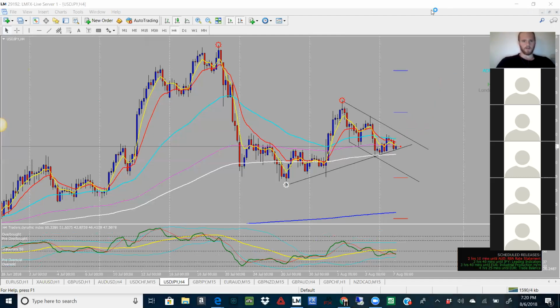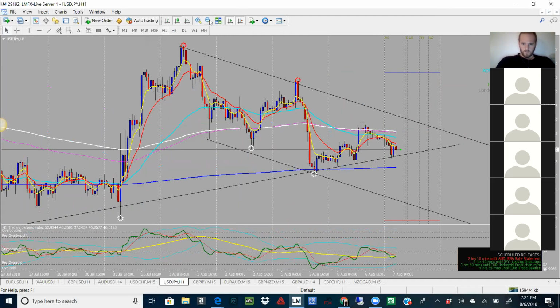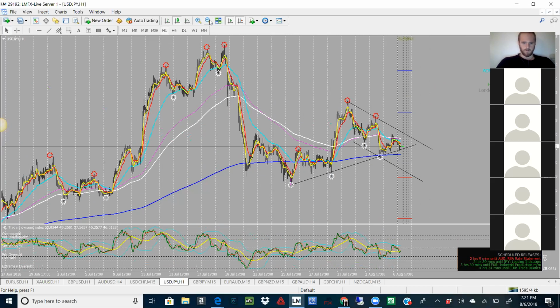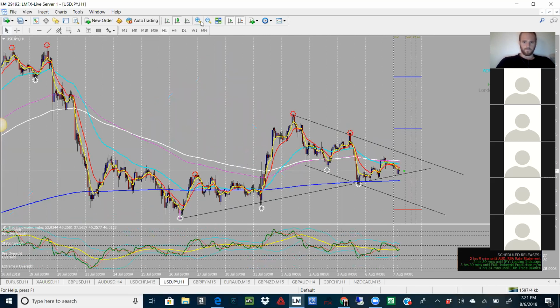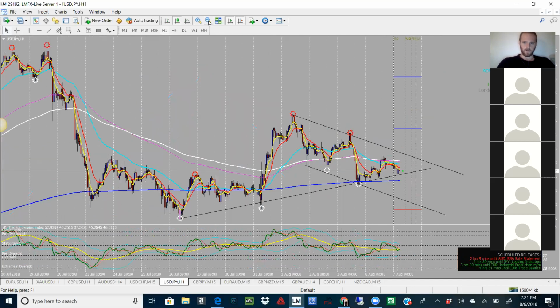Let's see if there's any other. This is a 4 hour, so I don't really see anything telling me it's going to be a sell. It is in the middle right now, too. The EMAs are really tight. It could respect the channel, so that we're in a sticky situation.